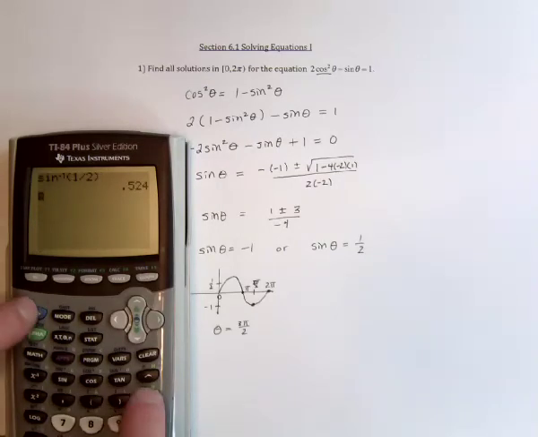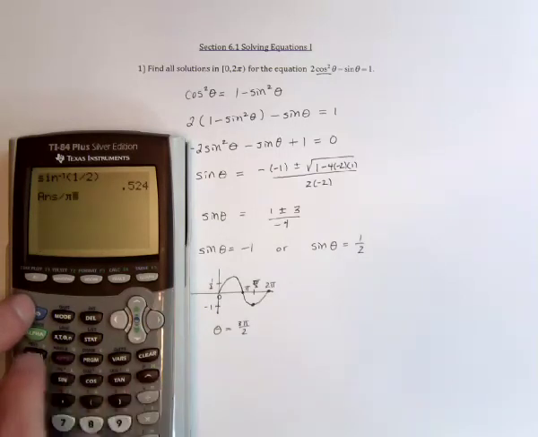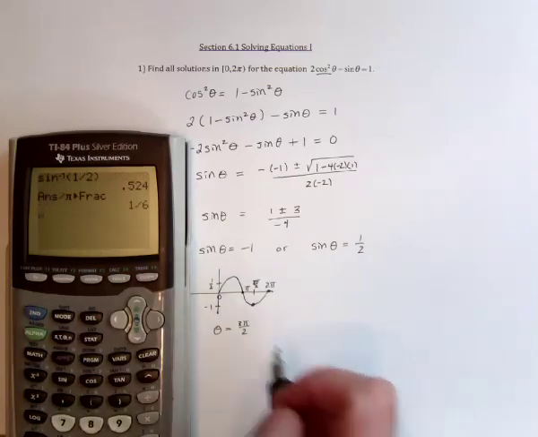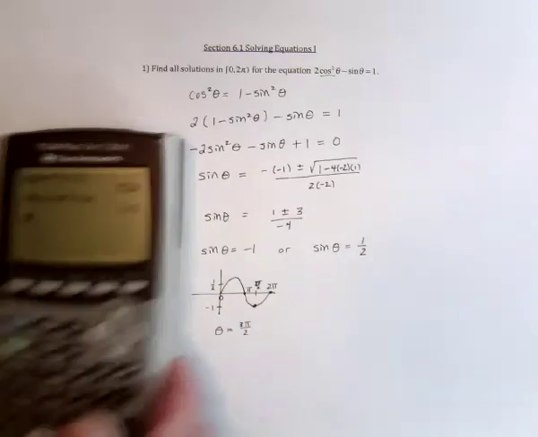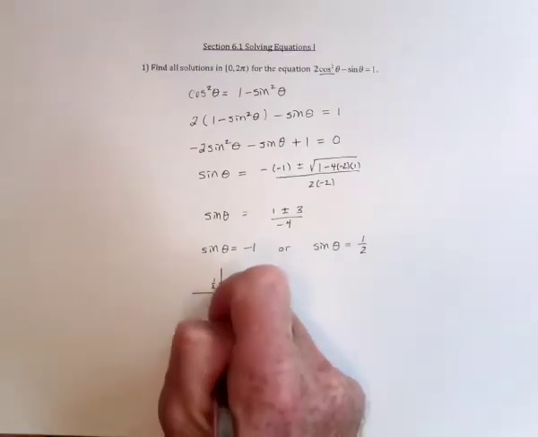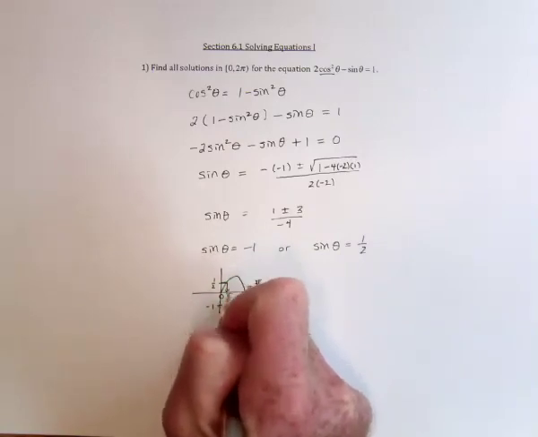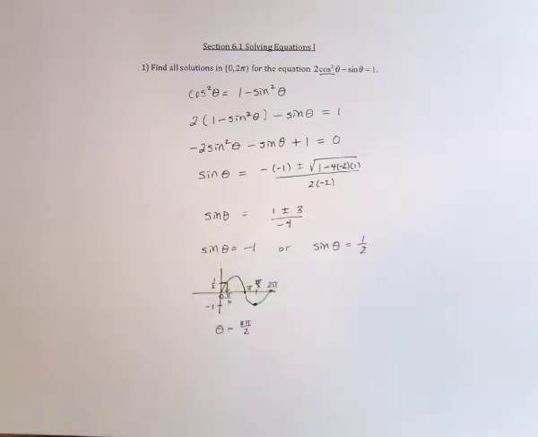If you divide that by pi and then change it to a fraction, you'll see it's pi over 6. So that's saying if you go over to the graph and down here, then this is going to be at pi over 6, which is a solution.